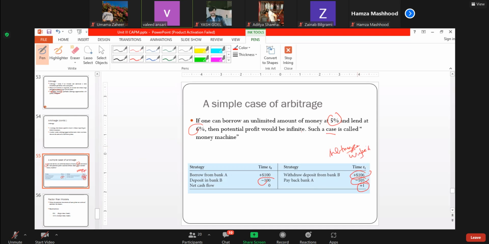In the securities market, the implication is this. Say there are two securities, with risk and return. The beta of those securities is 1.25, the same. One security is providing a high return of 15%, and the other is providing 12%. The risk is the same for these two securities, so people will start buying the higher-return security.